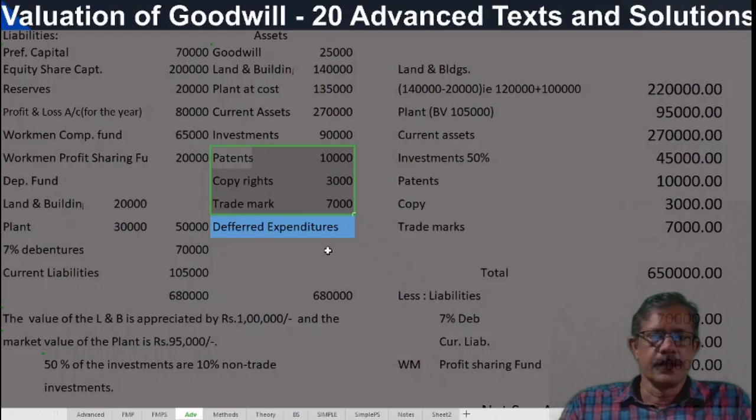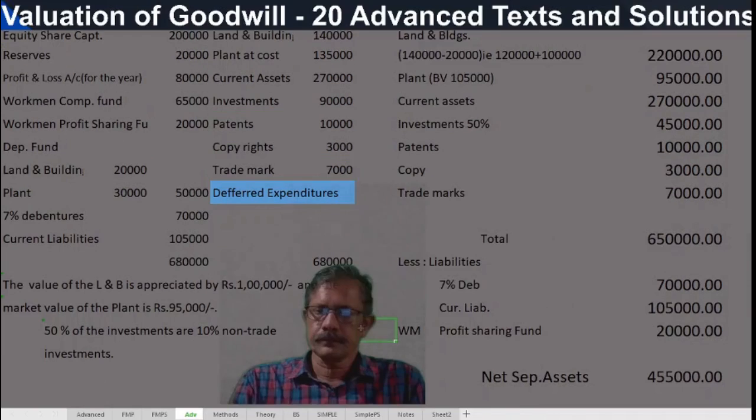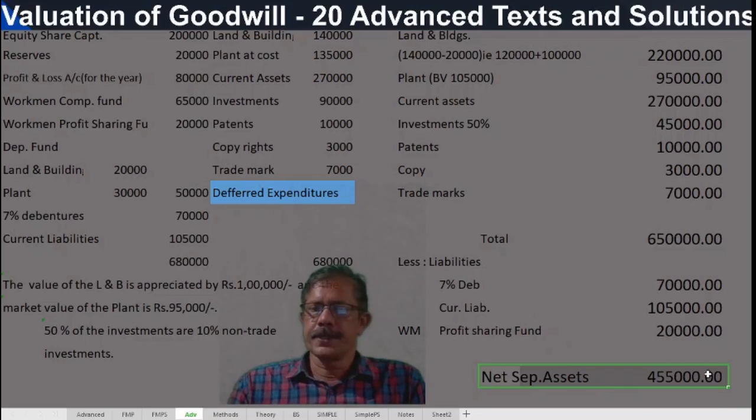Okay. So, we can solve some advanced problems. In this question, net separable assets are 4,55,000. If 10% is the normal rate of return, 45,500 will be the normal profit.